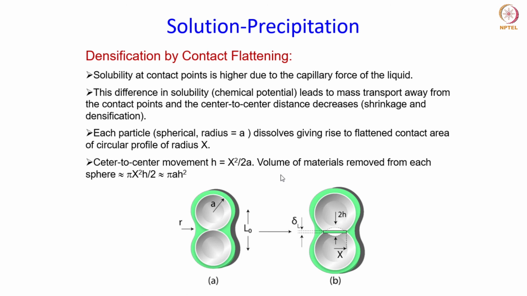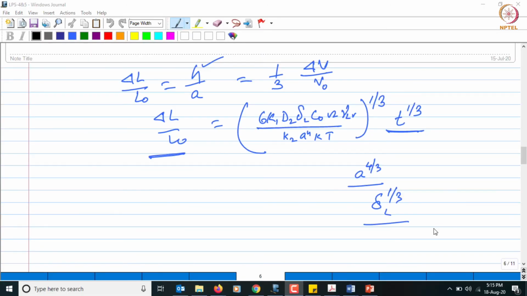Okay. And then we talked about the rate of material removal dV dt, and we have seen it basically depends on the diffusivity, the thickness of the boundary layer or the thickness of the liquid bridge delta L, and of course the concentration, right? And using this two particle model, the kinetics of the process, that is the time dependence of the densification, was derived.